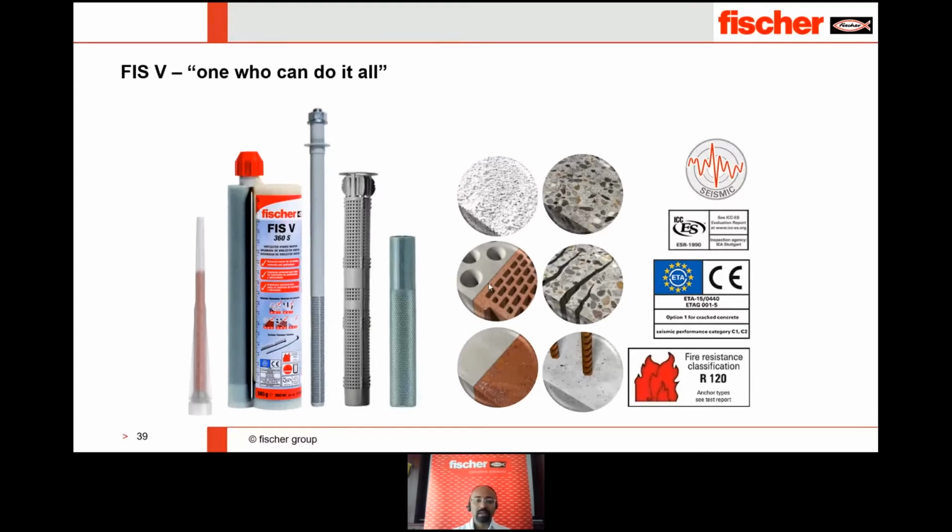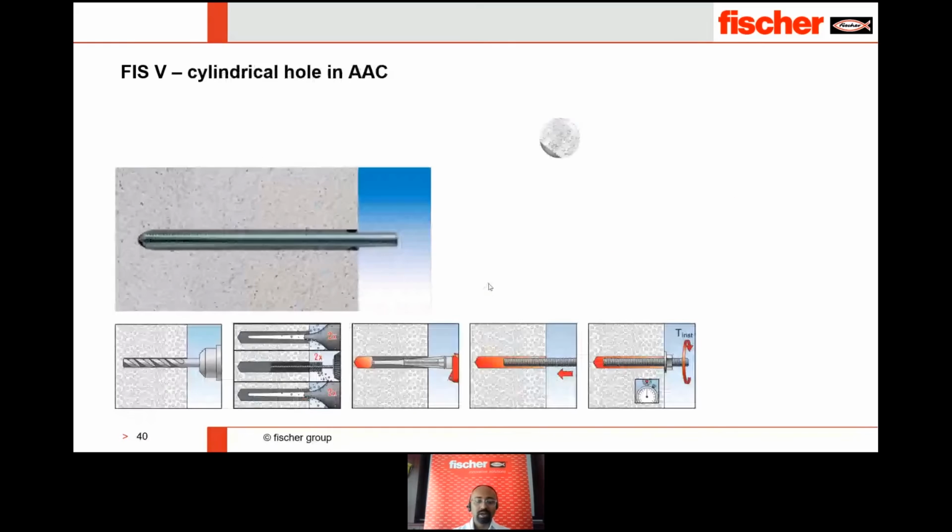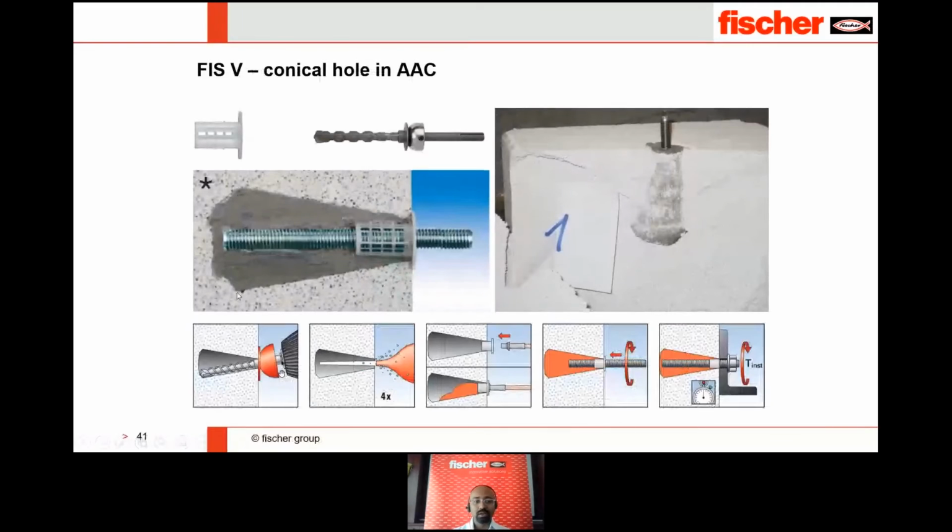So this particular chemical comes with a huge portfolio of accessories. So why do we need a lot of accessories? For example, when you have an AAC block, autoclaved aerated block, or the white color lightweight block, you have the flexibility to use a normal drill hole, as you can see, or you can use a little more heavy duty conical drill hole, which is made possible using two elements, the centering sleeve and the special drill bit produced by Fischer, which enables you to get higher loads, and this is as high as you can get from AAC block.